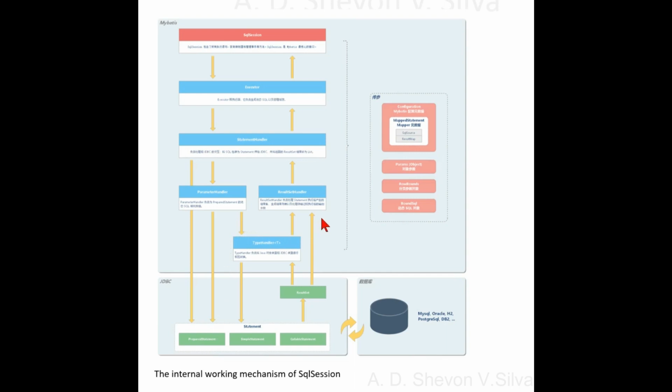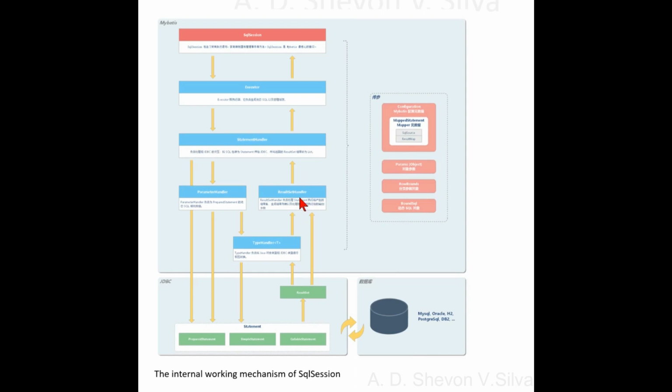Result set handler is responsible for two things: processing the result set generated after the statement is executed and generating the result set, and processing the output parameters after the execution of the stored procedure.